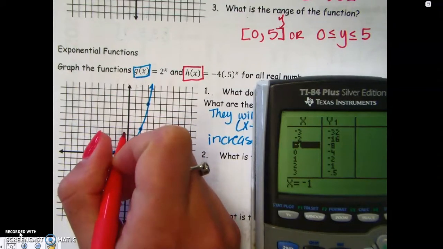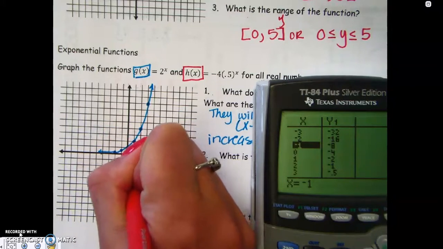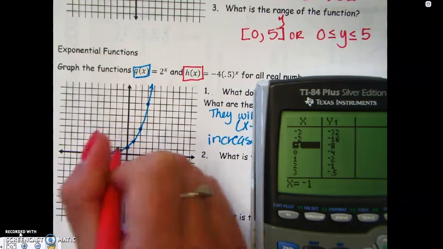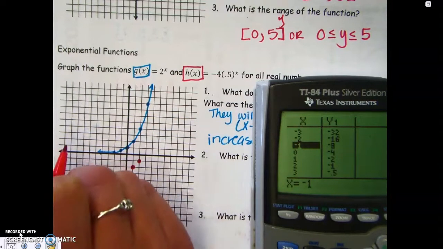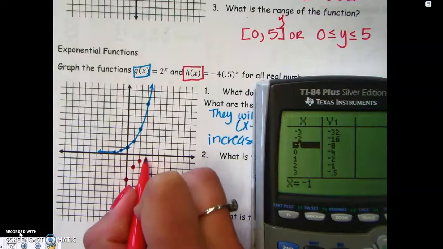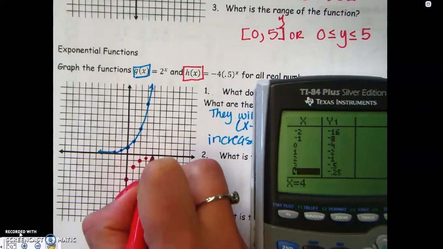Then 1, -2. Then 2, -1. And then 3, -0.5, which is about halfway. And then I can probably do 4, -0.2, which is really close to my x-axis.